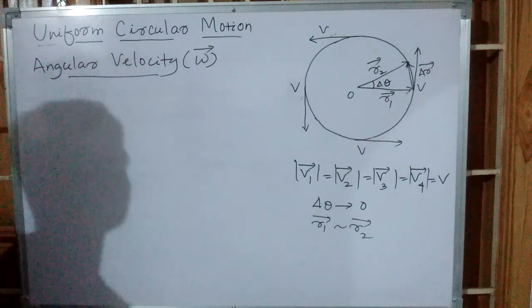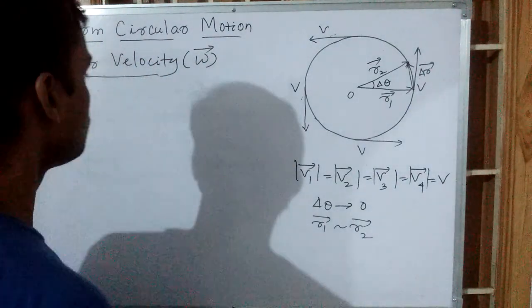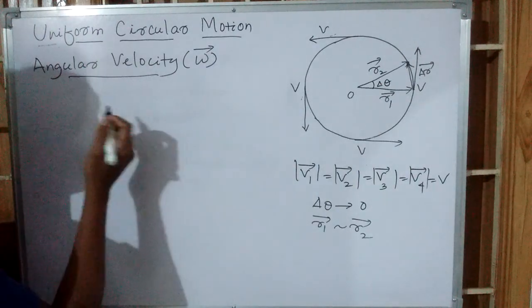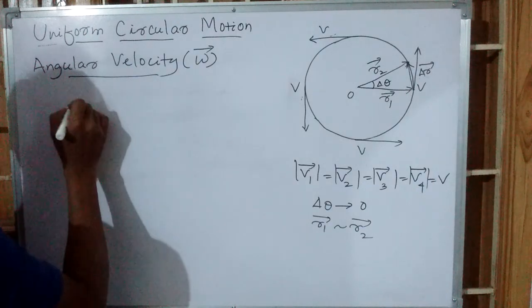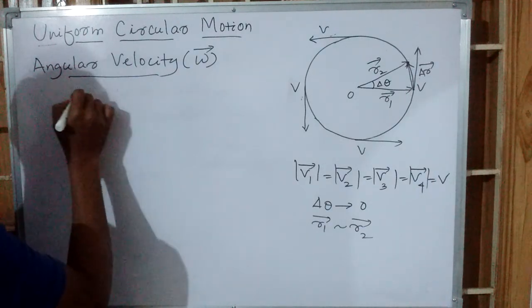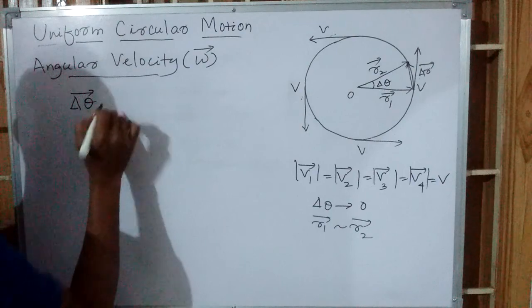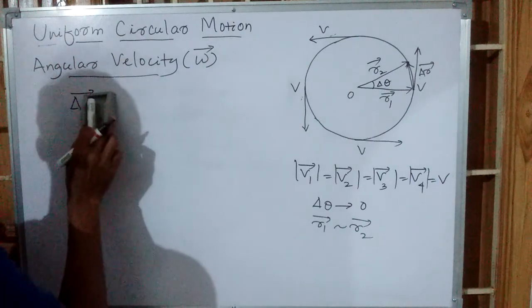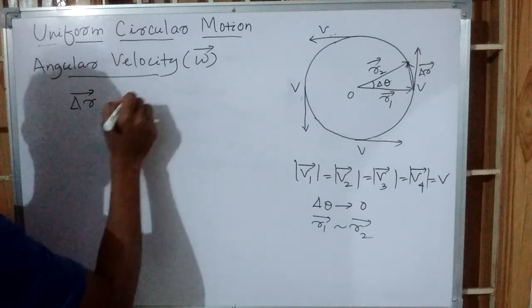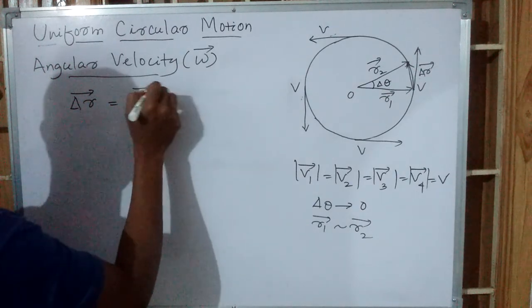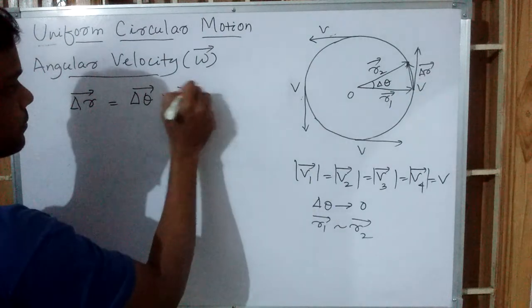Angular velocity is denoted as omega. So I will start from that very recent relationship that we have already derived. Del r is equal to del theta cross r.